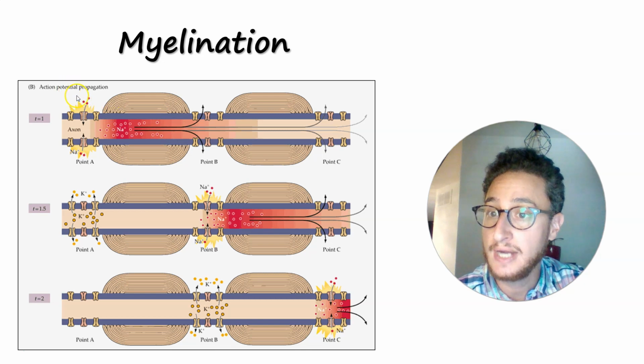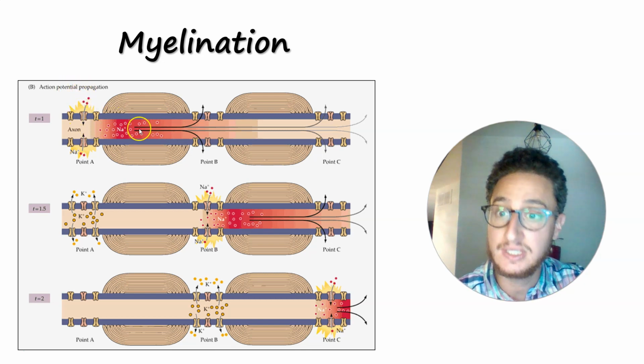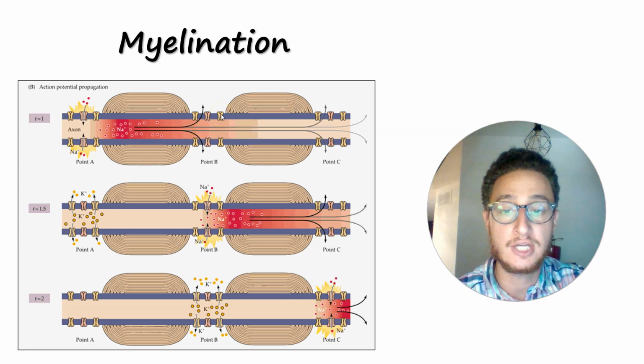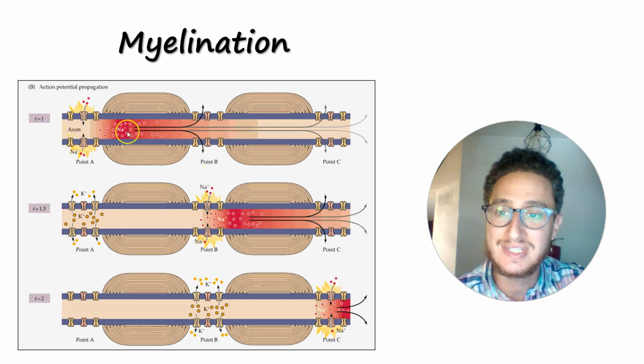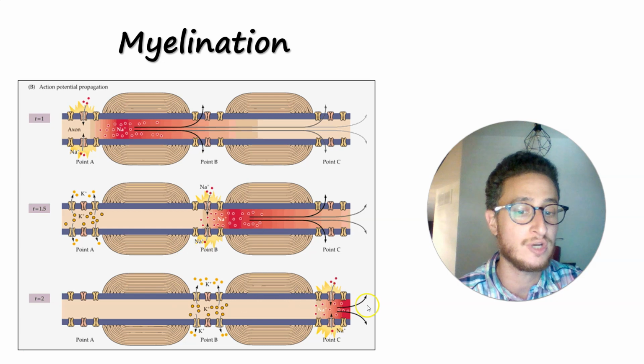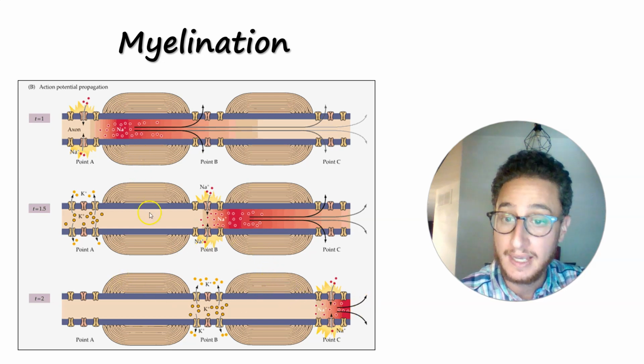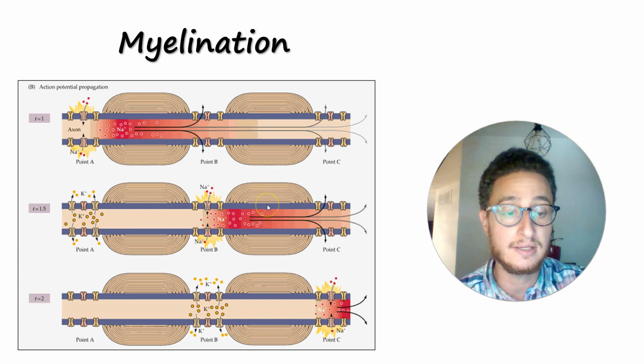And so essentially when an action potential flies in here, it's going to then make its way across that Schwann cell and depolarize at the next node. And in this way, we kind of skip the area in between. This allows the action potentials to be transmitted hundreds of times faster in a myelinated versus an unmyelinated axon.